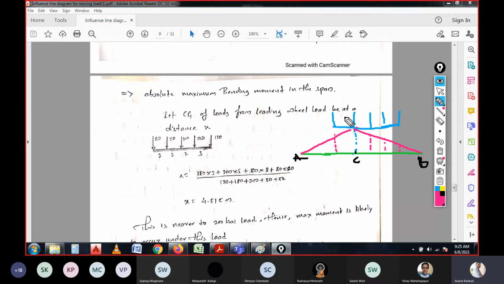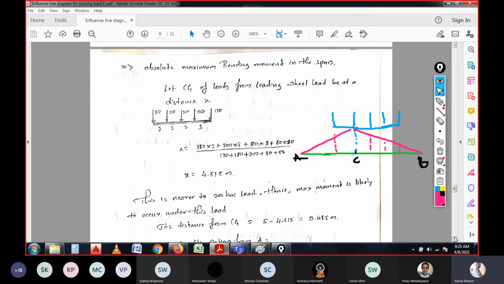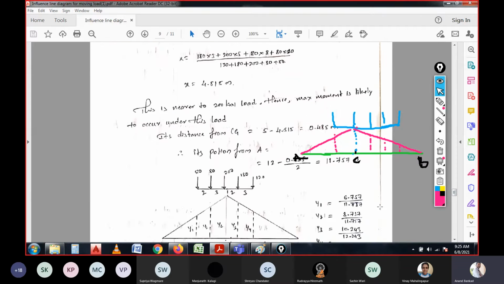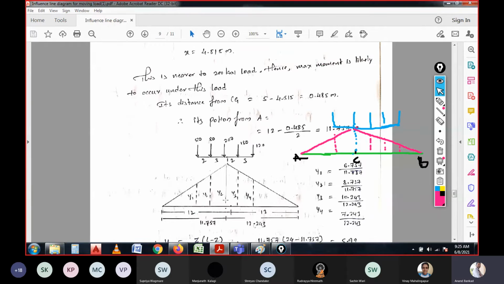So this is the actual conclusion we have reached with the previous calculation. About the maximum bending moment in the span, if you consider, here I have drawn this.